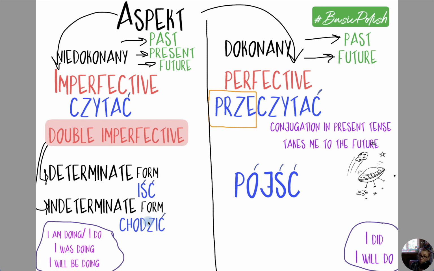And with this form, if you change the endings, as you will learn in the future, you will be able to say that you were going somewhere frequently, or you will be going to the gym pretty soon. You will be working out there, right? So this is the idea. This is actually all that I can tell you about the aspect.